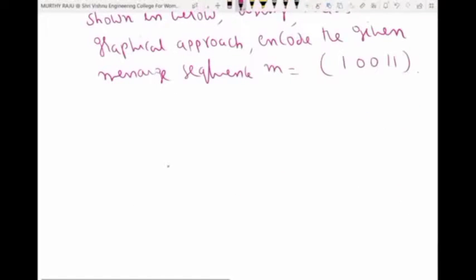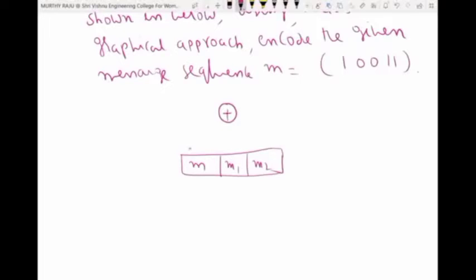This is the convolutional encoder diagram. M, M1, M2. The first modulo 2 adder: M is connected here, M2 is connected here, M1 is connected here.